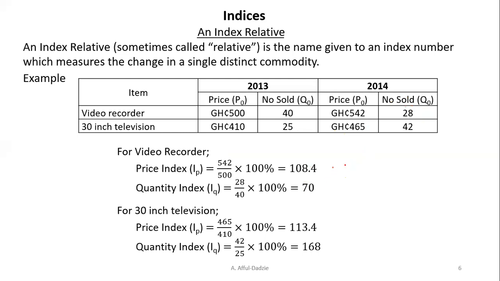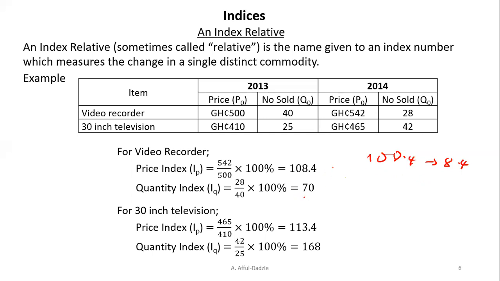Because the base period always has an index of 100, any value higher than 100 shows an increase. If I have 110, it means between these two periods there is a 10 percentage point increase. If I have 130, there is a 30 percentage point increase. So if I have 108.4, this indicates an 8.4 percentage point increase in price.